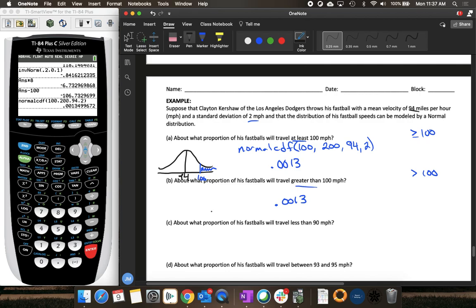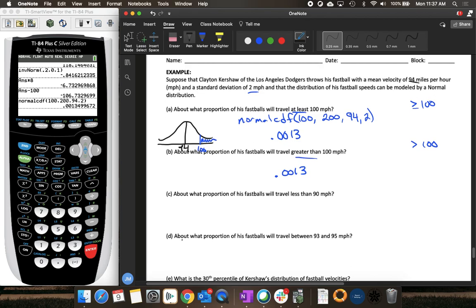So let's move on to C: about what proportion of his fastballs will travel less than 90? Again, let's visualize what that's going to look like. Our mean is 94, less than 90, so 90 would be somewhere over here, and we want to know less than, so to the left of. As we set up our normal CDF, for lower, pick something really small like 0.